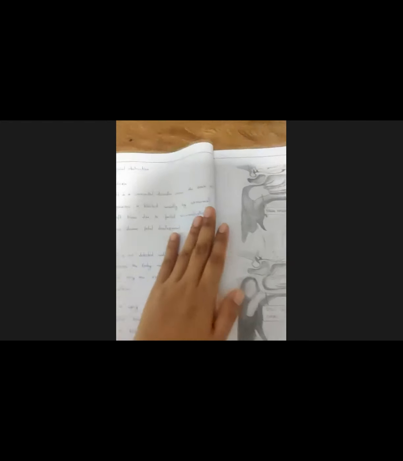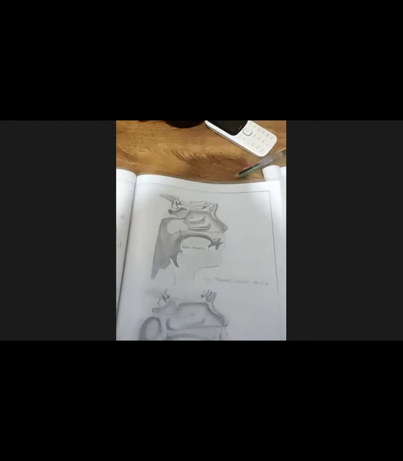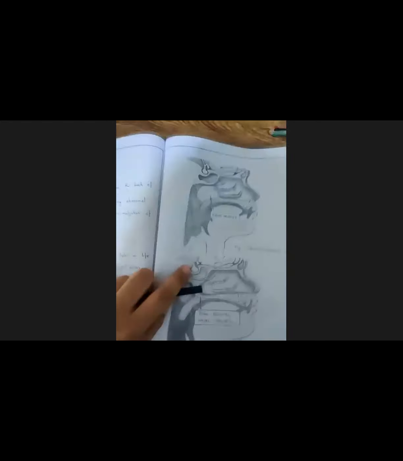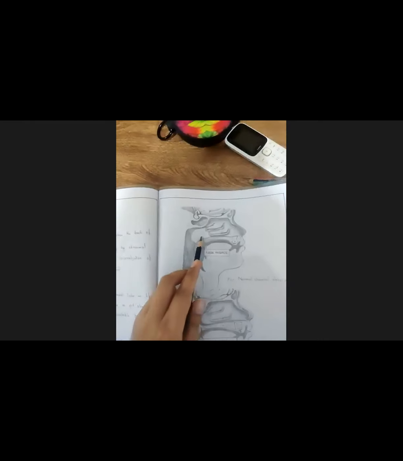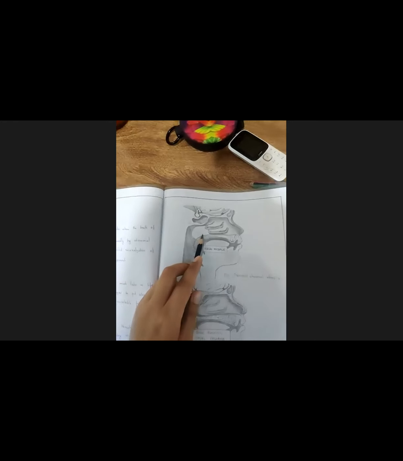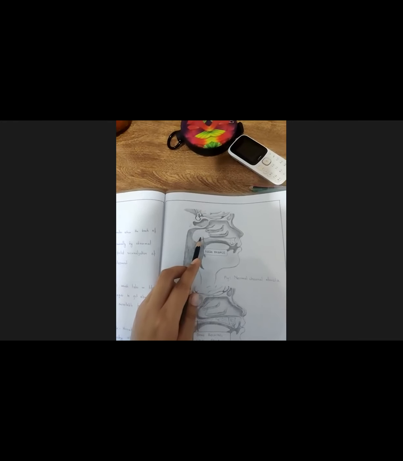In upper airway problems, the first one is choanal atresia. It is a congenital condition where the back of the nasal passage, you can see here in this diagram, behind the nasal passage, is blocked by bony or soft tissue.